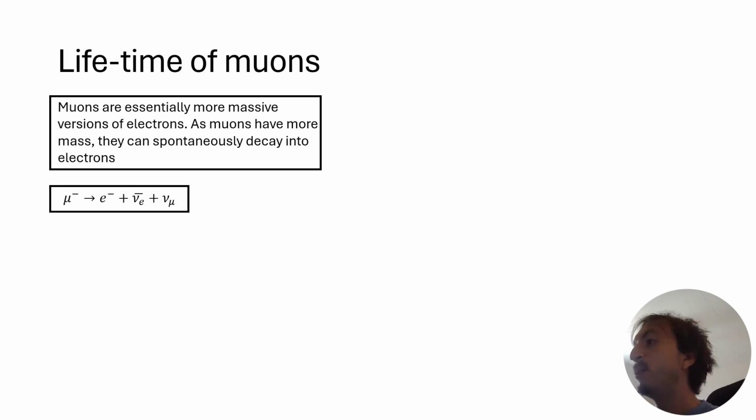So here we've got a muon, and the muon is decaying into an electron, an anti-electron neutrino, and a muon neutrino. Now, the reason we need these neutrinos is to conserve something called electron number. It's a quantum number that is conserved thanks to quantum field theory. For our purposes, the neutrinos don't really matter. The important thing is there can be spontaneously this kind of decay, meaning muons don't live naturally for very long.